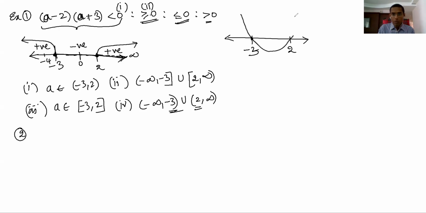It will be like this. When it is less than 0, he is referring to this part. So when it is less than 0, it is referring to this part, you understand?